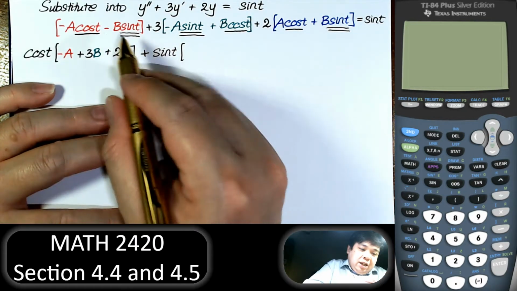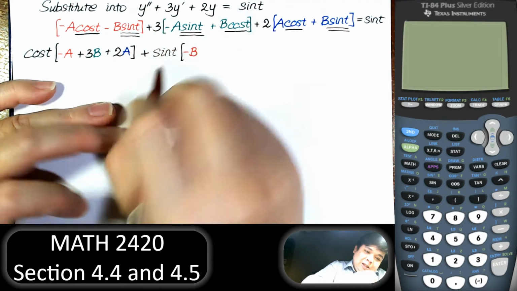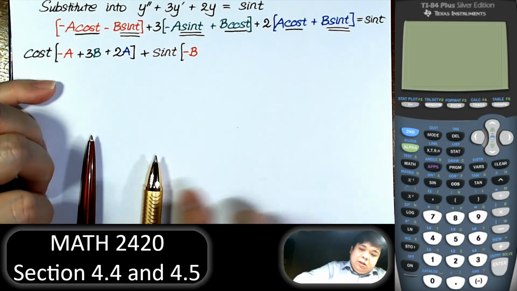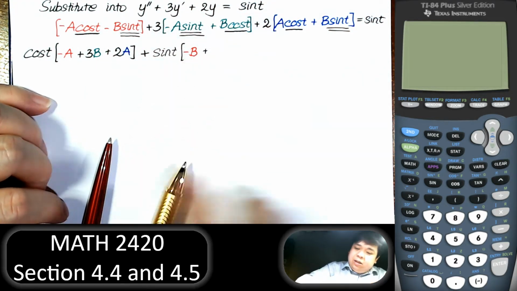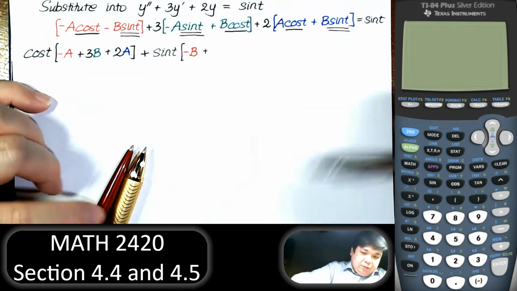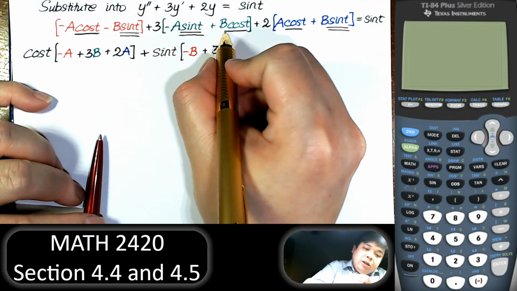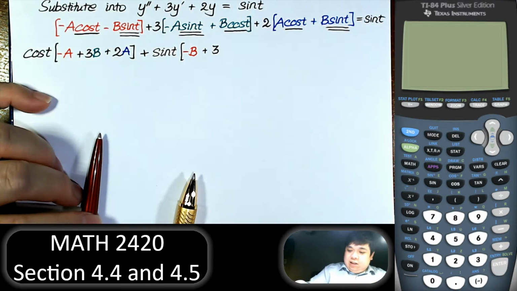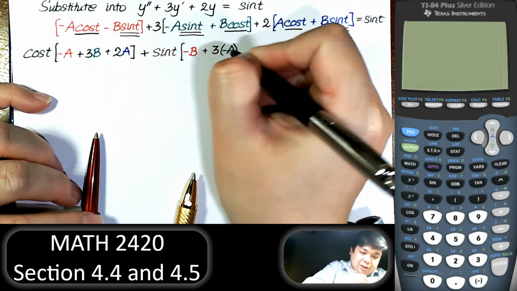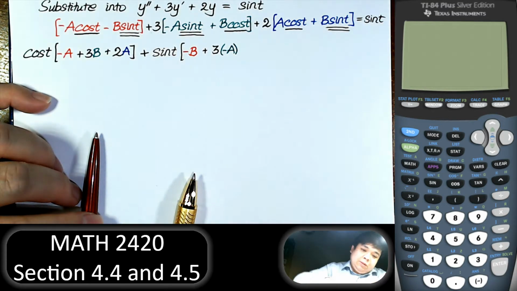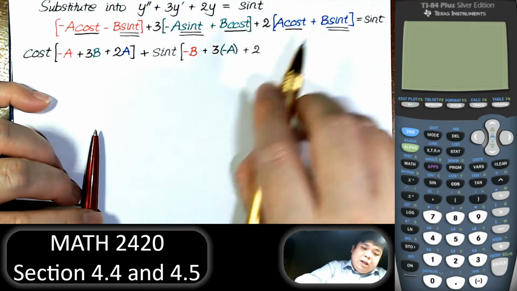For sine t, we have negative b plus 3 times negative a, then plus 2 times b.